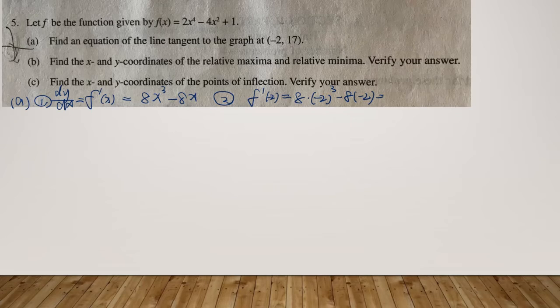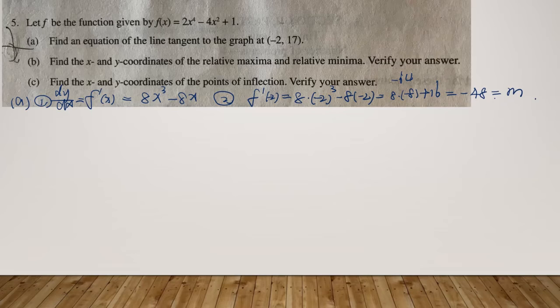So it is 8 times -8 plus 16. 8 times -8 is -64. -64 plus 16 is -48, which is the slope of the tangent line at x equals -2.